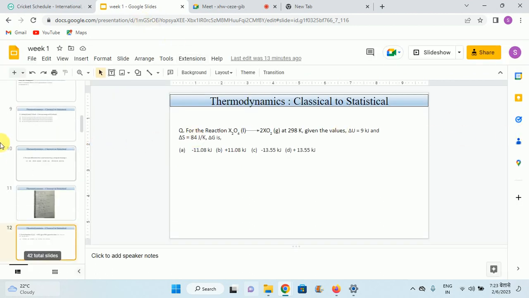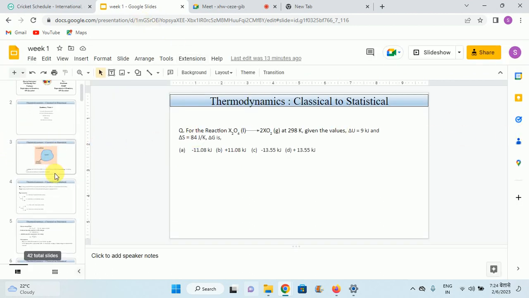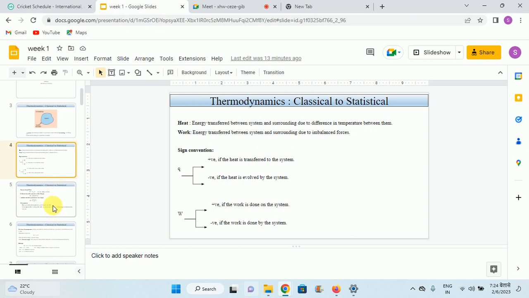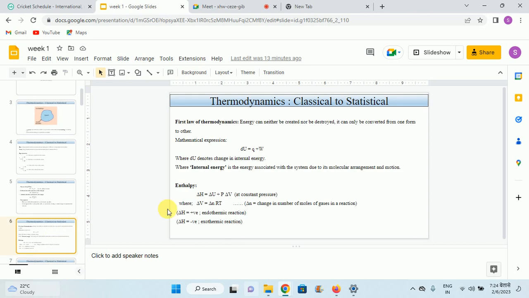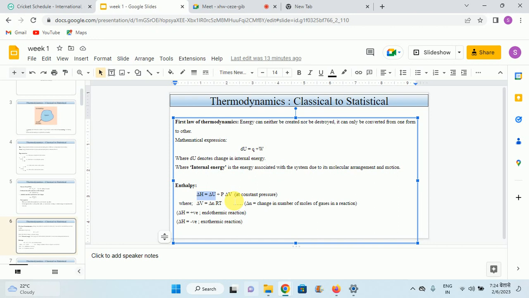Let me move to the slide, as the whiteboard is not working. So here it is, delta H is equal to delta U plus P delta V. Delta V can be written as delta NG RT, where delta NG is the change in number of moles of gas.